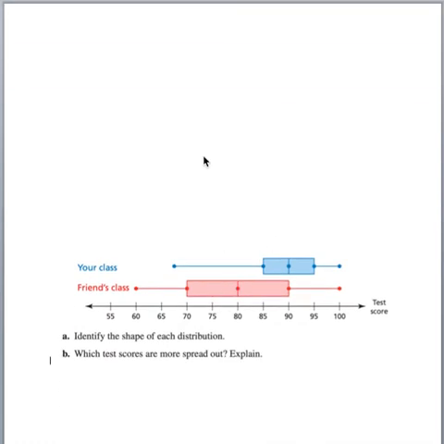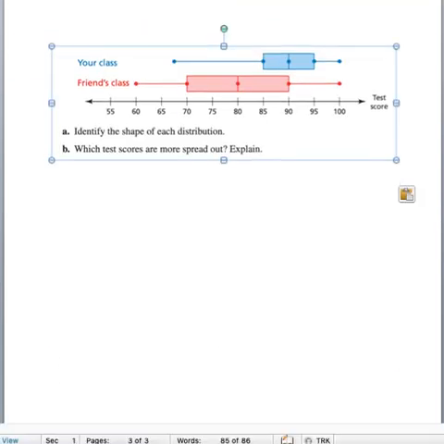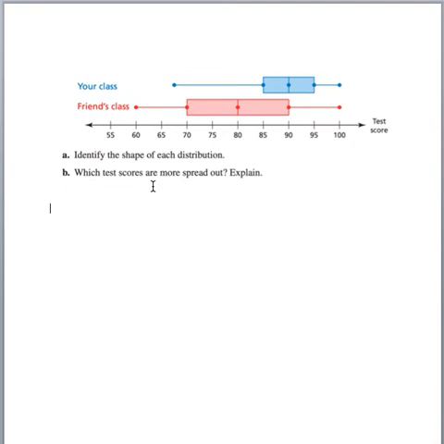All right, so going to this double box and whisker plot. Part A, identify the shape of each distribution. Looking at your class in blue, I can see that the left whisker is far more spread than the right whisker.